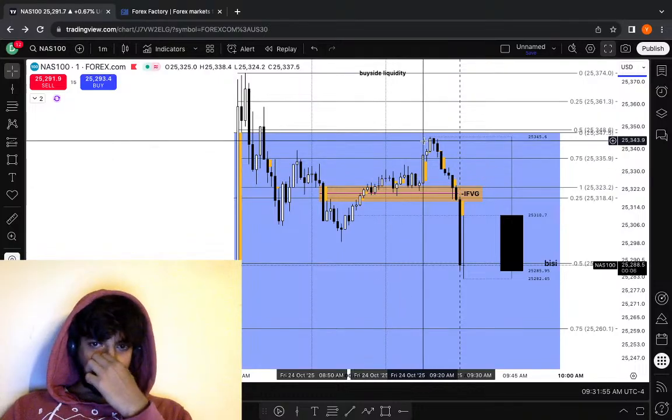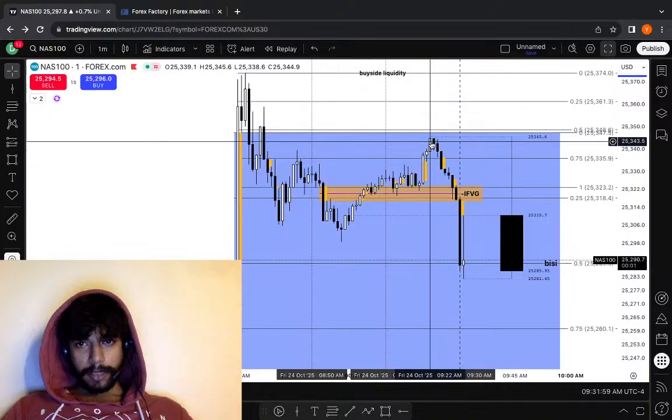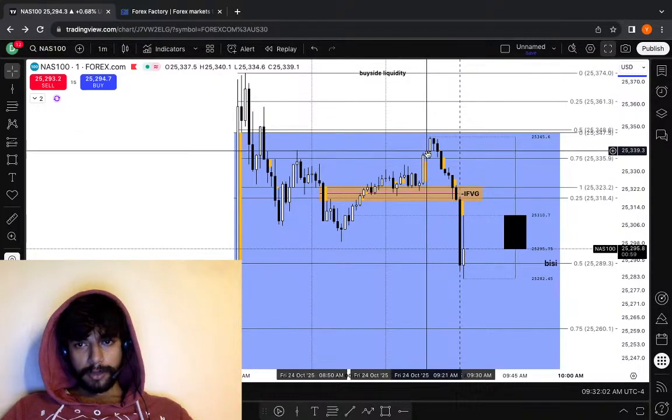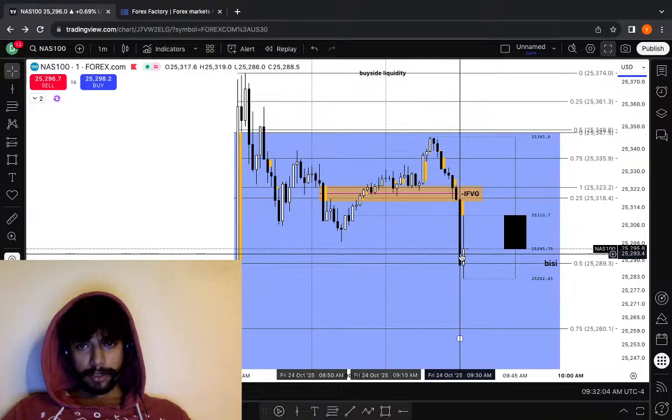So as expected, I told you smart money was accumulating shorts right there and retail was chasing longs. So they accumulated short and then distributed it lower here.